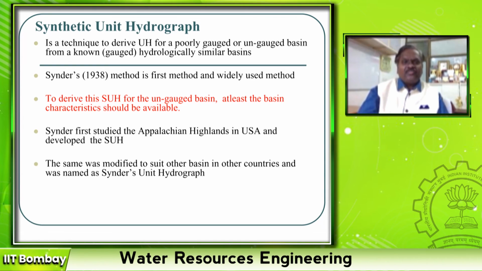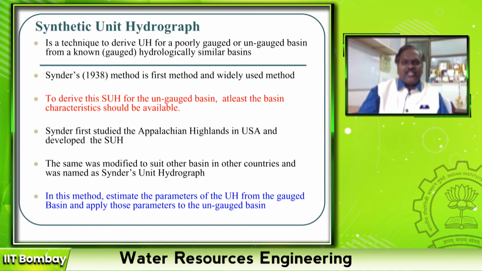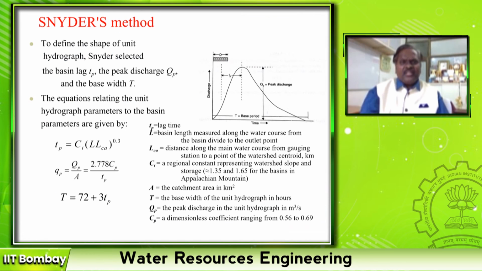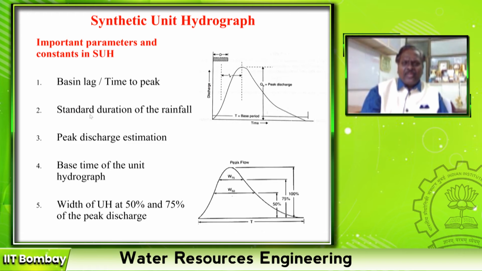What he derived, right? He estimated the parameters of unit hydrograph from the gauged basin and applied those parameters to ungauged basin. Right? So the same Snyder's method, he defined the shape of the unit hydrograph can be drawn when 5 parameters are known.